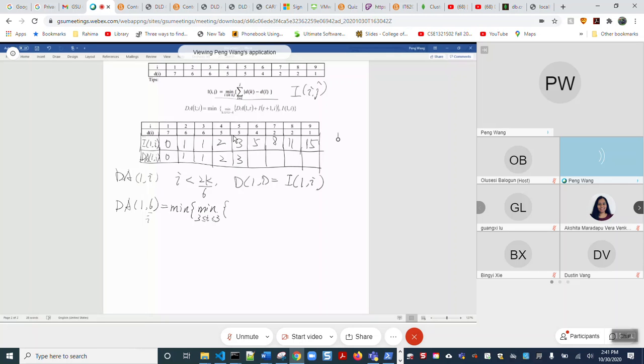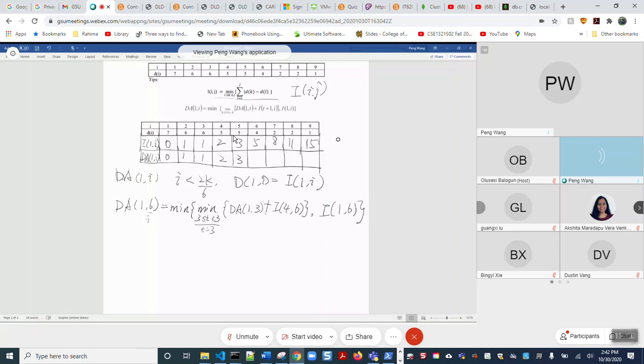Of dA1t plus I from t plus 1 to i, where t can only be 3 here. So it is dA13 plus I46.